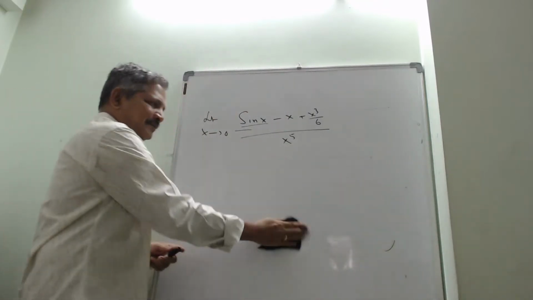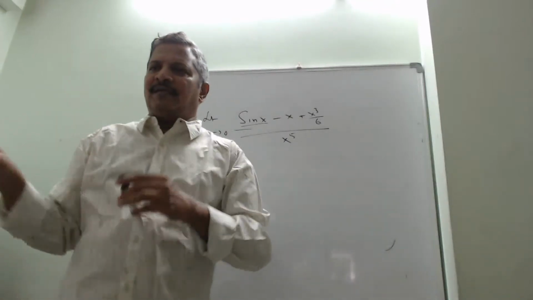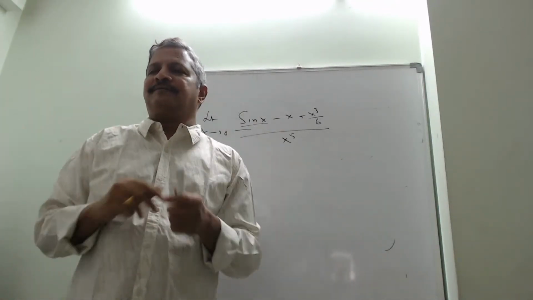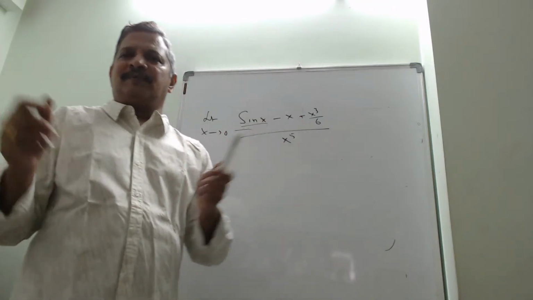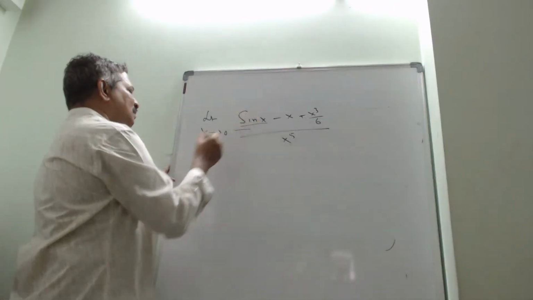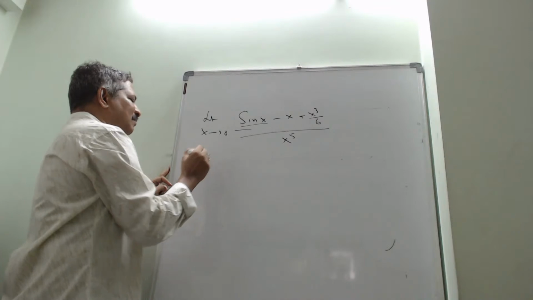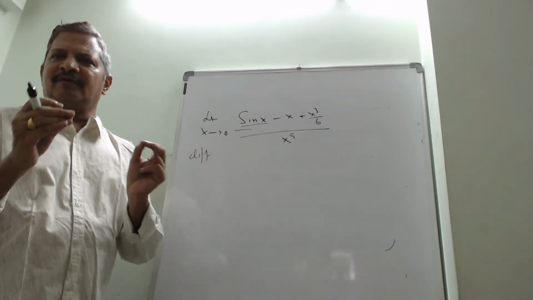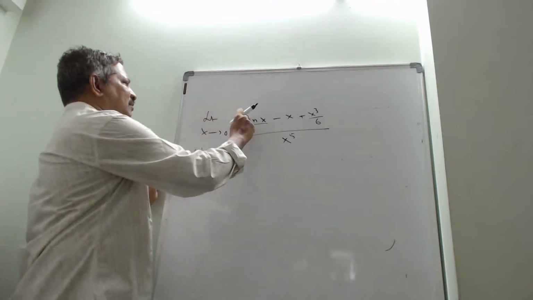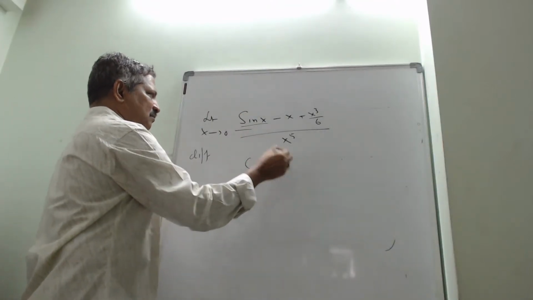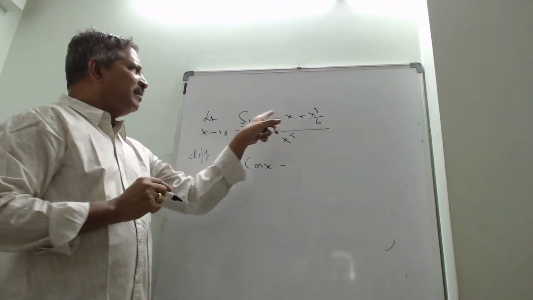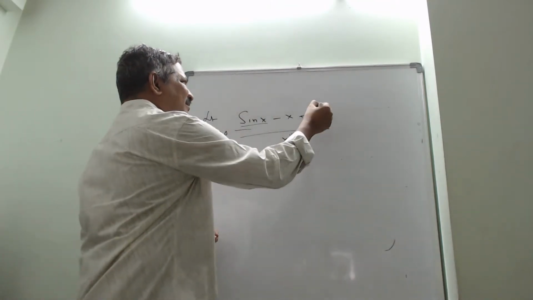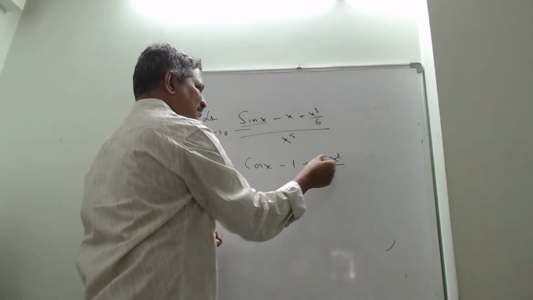Next, same problem. The other method is L'Hospital. What is L'Hospital? Derivative of numerator by derivative of the denominator. Derivative of sin x is cos x. Derivative of x is 1. Derivative of x cube is 3x square by 6.